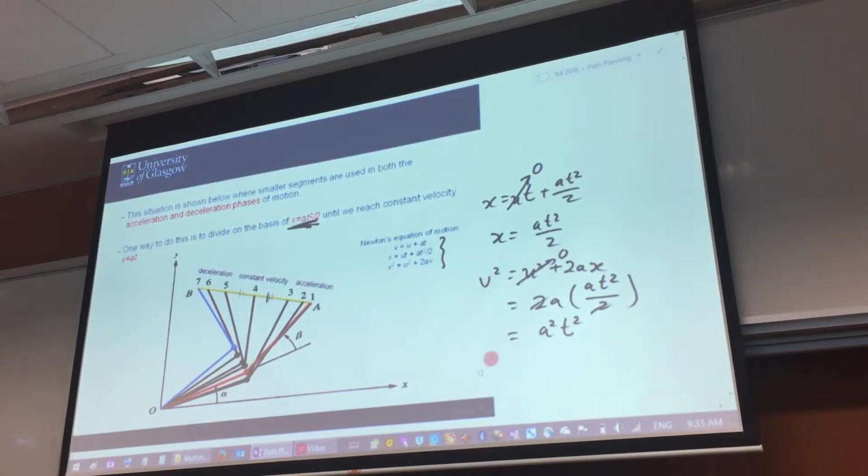You take the square root on both sides, and you get v equals at. Back to where we are over here: v equals at, where u is equal to 0. So Newton's laws of motion are consistent with each other, and you can use that to do simple calculations, if you want to calculate the acceleration or the displacement.